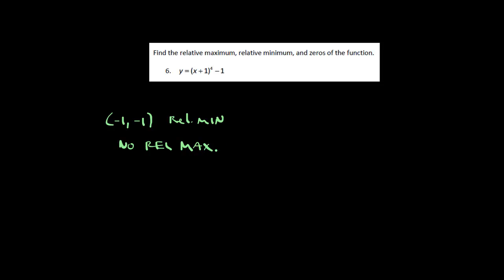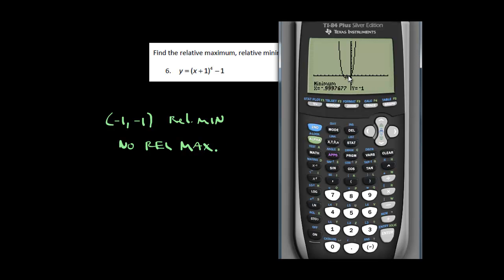For the zeros, here and here. So we're going to do second trace 2 to find the 0. So we're going to go left bound is right before it, right bound is just after, and then guess. So -2, 0 is going to be your first 0.